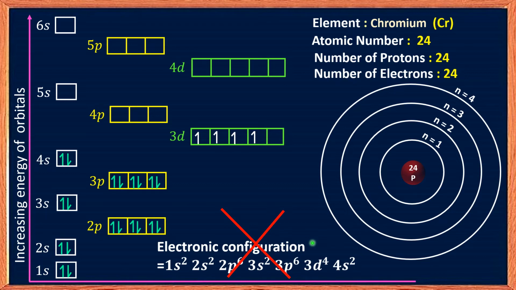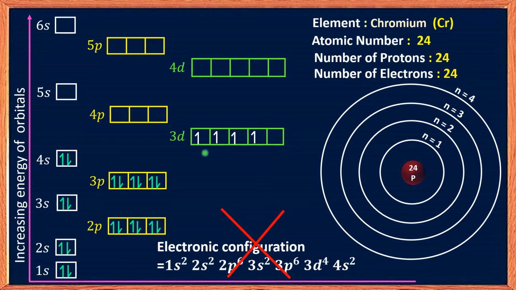In order to get extra stability, chromium shifts an electron from 4s to an empty 3d orbital here. Then chromium will have the d5 configuration.